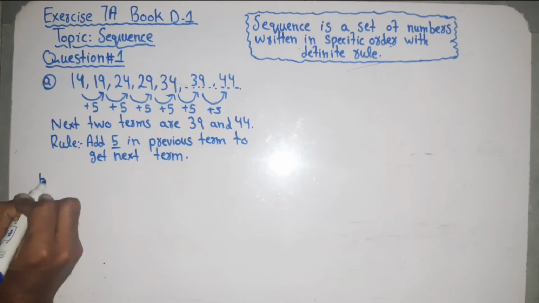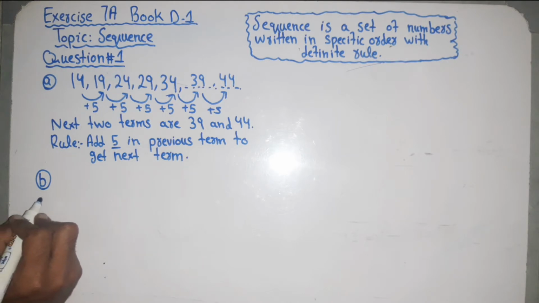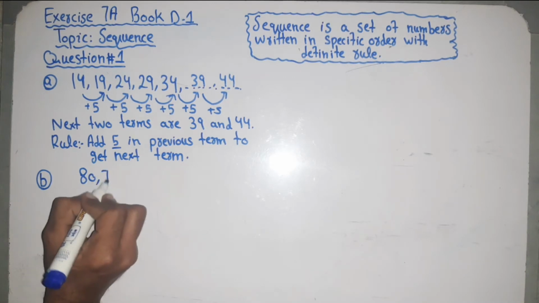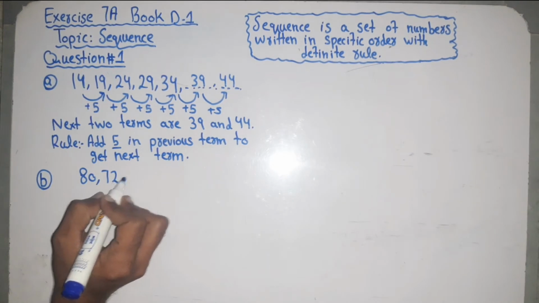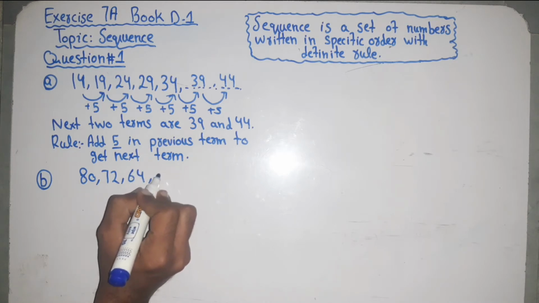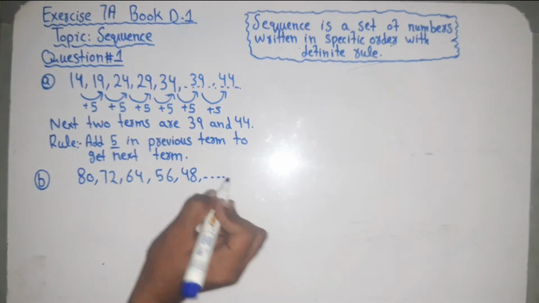Now part B of this question. In part B we have 80, 72, then 64, then 56, and then 48, and so on.